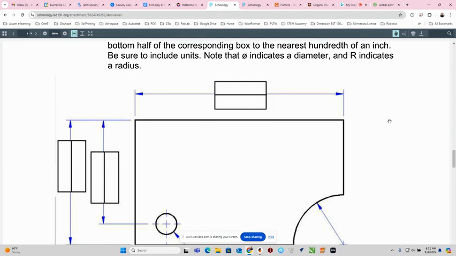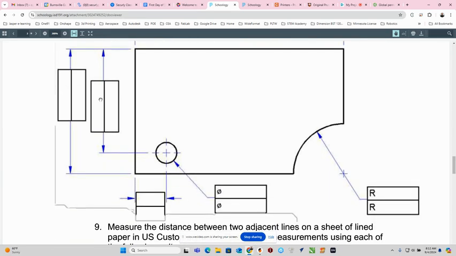So measure this. If it's, measure your screen again. If it's like 4.5, that's 4 and 1 over 2, and then 4.5. Okay, in those boxes, and then the same in all these. Diameter, same deal. Radius, same deal. Make sure you measure from here to the edge of the circle.